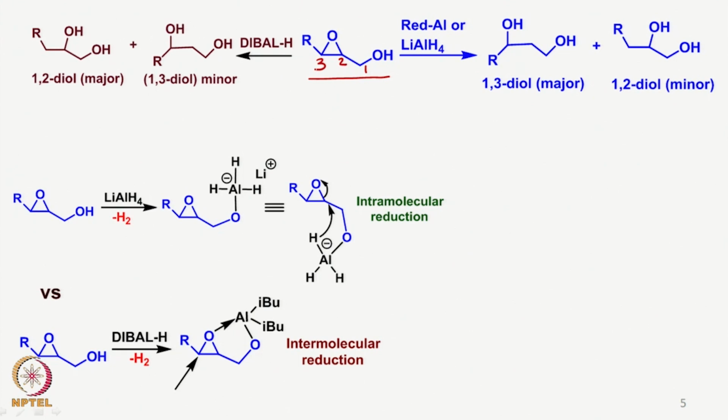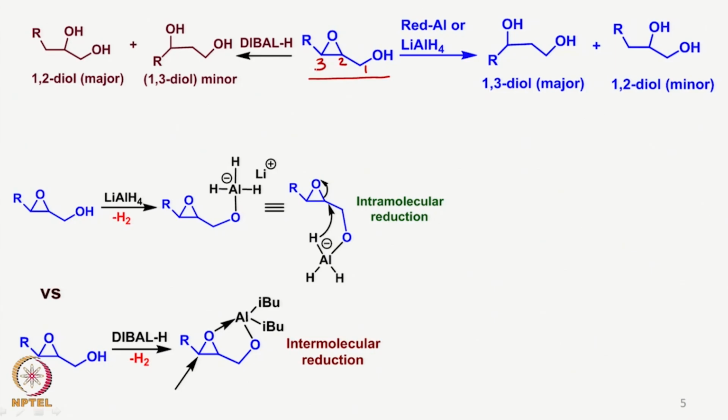This 2,3 epoxy alcohol is very easily available via Sharpless epoxidation of the corresponding allylic alcohol, and therefore the utility of these 2,3 epoxy alcohols becomes very important, and thus their reduction to give the corresponding 1,2 or 1,3 diol is important. If there are reagents that can selectively reduce 2,3 epoxy alcohols to either 1,3 diol or 1,2 diol, then of course the reaction becomes more meaningful and synthetically useful.